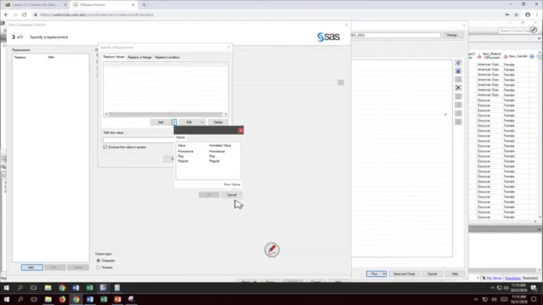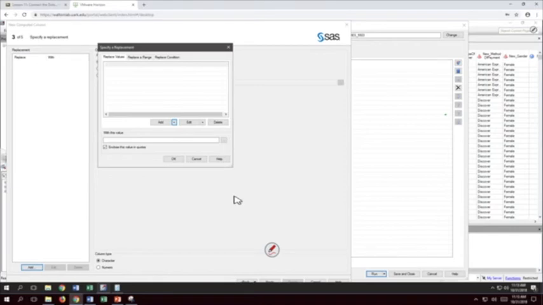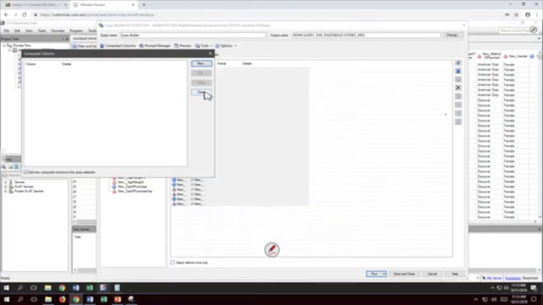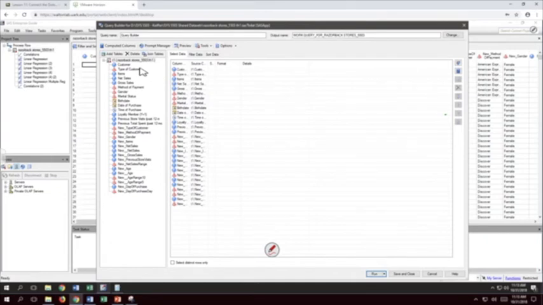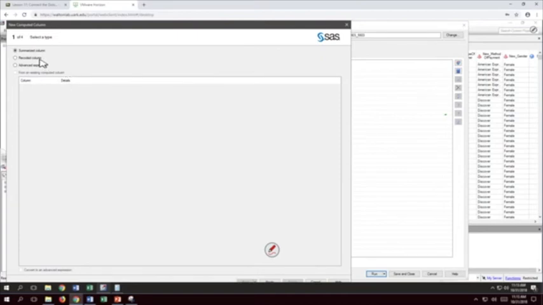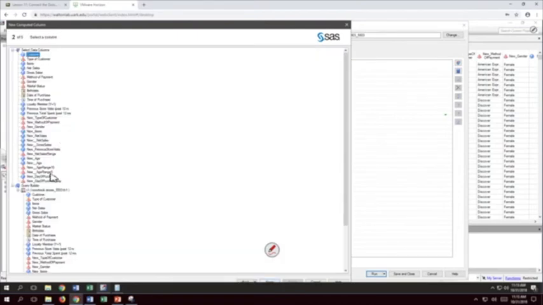I don't want to do type of customer. Just to make life easy, I'm going to exit out of this real quick, because remember, type of customer had a misspelling in it that we already fixed. So I want new type of customer. So computed columns, new. I'm going to recode the column, and the column I'm going to recode is new type of customer.